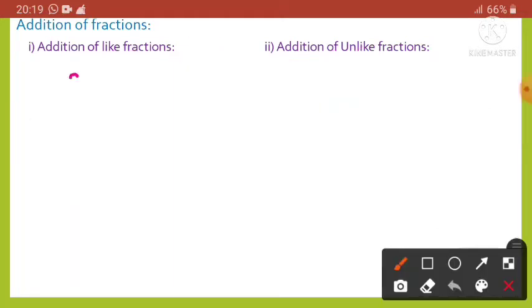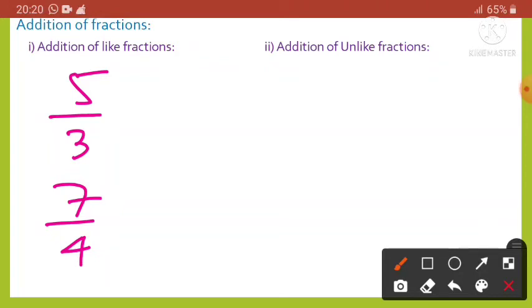So now we know the first fraction is 5 by 3 and the second fraction is 7 by 4. You have to convert both fractions into like fractions. Here the LCM is 12. Now we have to convert the denominators in both fractions into 12. Okay, how can we do this?